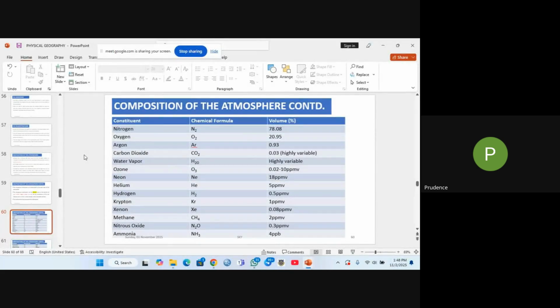Nitrogen has the highest percentage. Nitrogen. Okay, so which one is the most important among the six?